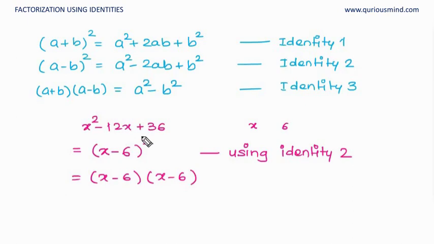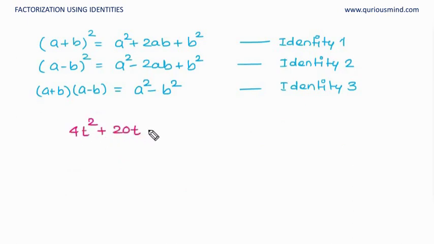Let's see one more example. Now here I see first is a square term, last is a square term, and in between plus 20t. So somewhere close to identity 1. So let's see. If a is equal to 2t, then a square is 4t square. That's perfect. And if b is equal to 5, then b square is 25. That's perfect. Now in that case, the middle term should be 2 times a into b.